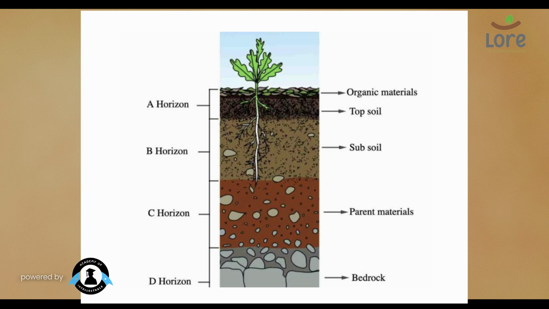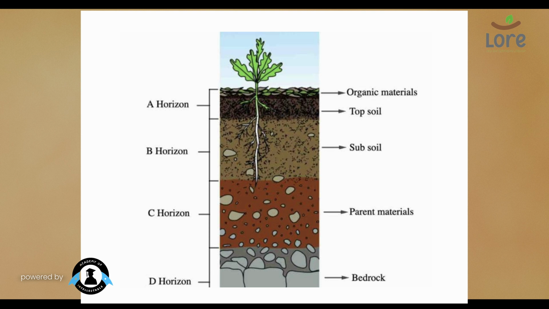We have the topsoil, the subsoil, the parent rock, and then the bedrock. And also there are names of those soil layers, which is known as the horizons. Topsoil is A horizon, subsoil is B horizon, parent rock is C horizon, and bedrock is D horizon.